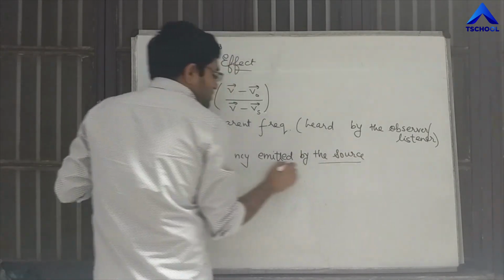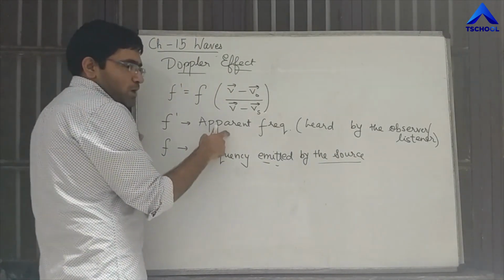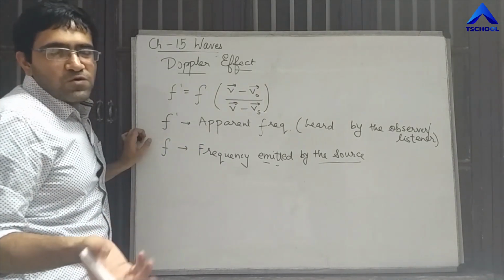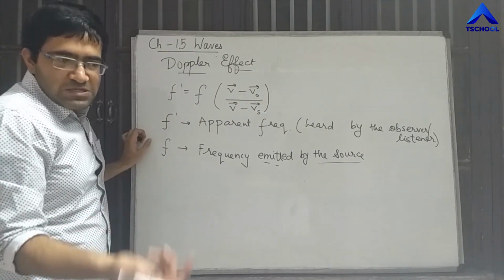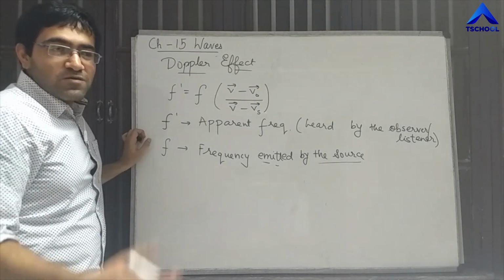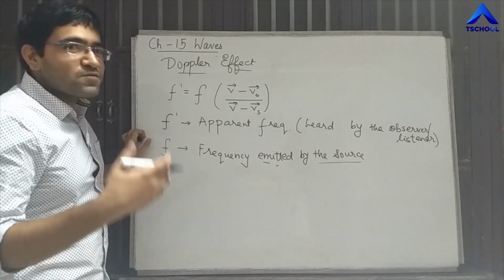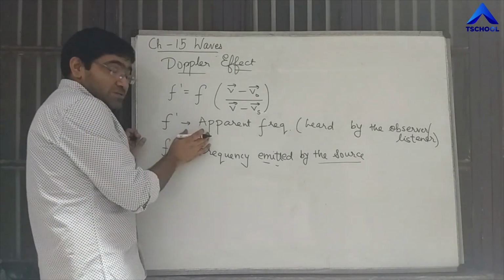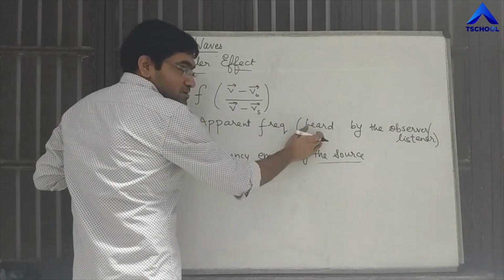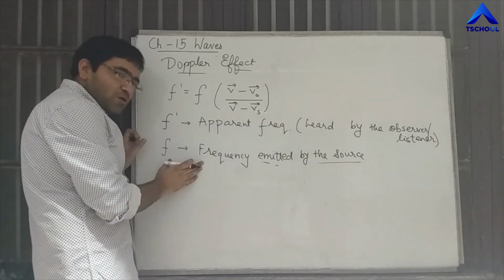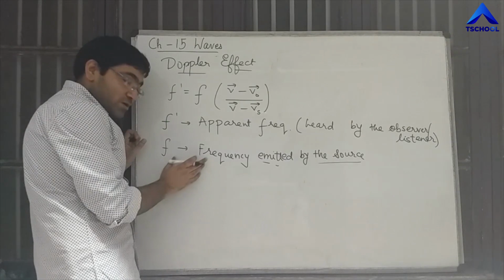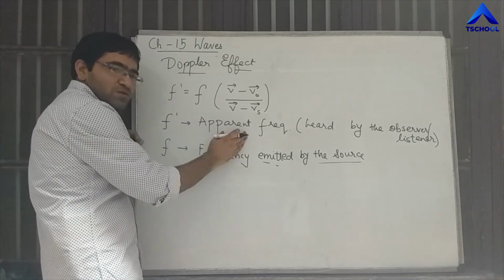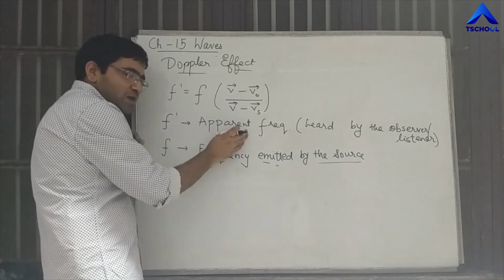So this is the true frequency, right? And this is the apparent one. So it's possible that the source may be emitting a frequency 400 Hertz, but because let's say the source is moving like the engine, what you receive when you hear it is not 400 and it seems like 403 Hertz. So 403 Hertz is the apparent frequency because that's what you are hearing. But the source was actually not emitting 403, it was emitting 400. So 400 Hertz would be the frequency emitted by the source and 403 Hertz would be the frequency received. So it's the apparent frequency.